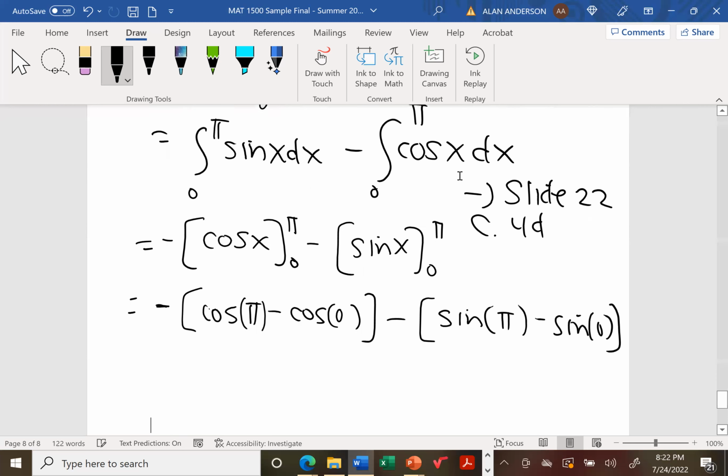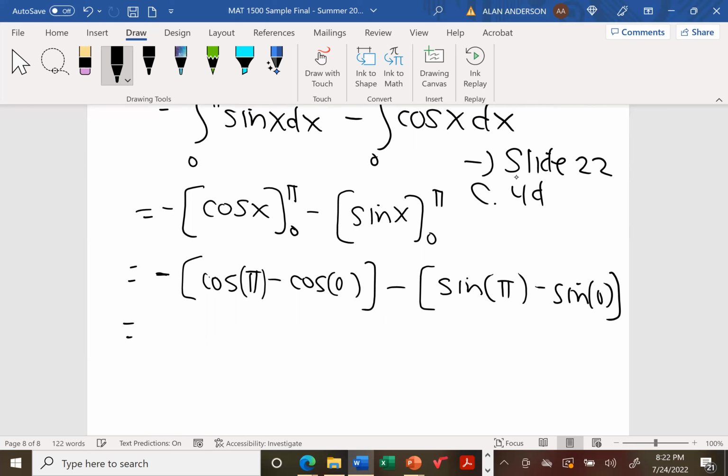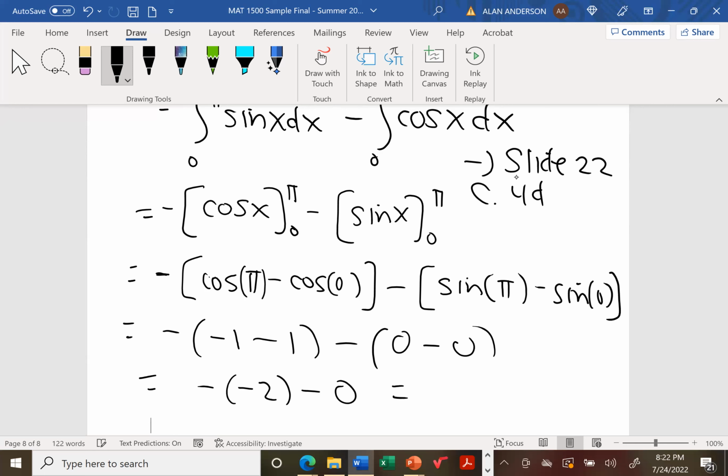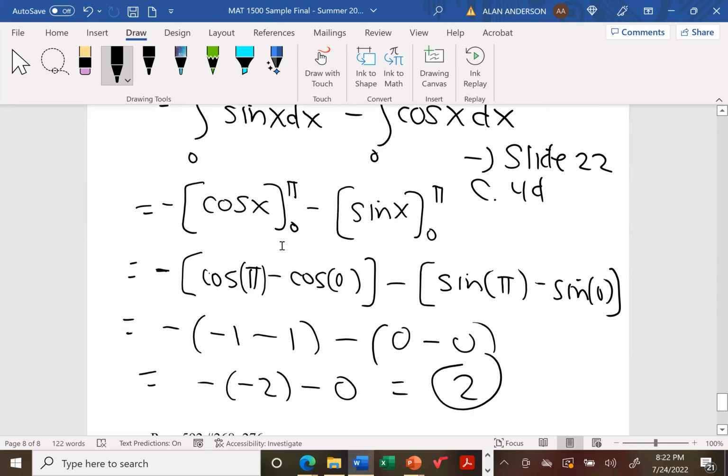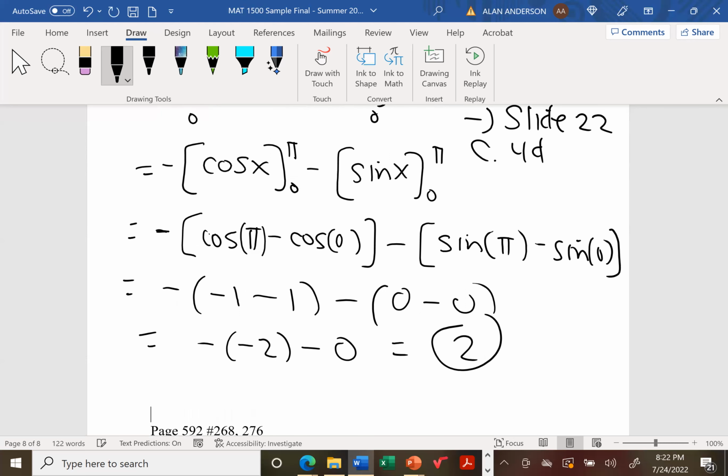All right, so if you look these up, unless you have them memorized, cosine pi is -1, cosine 0 is 1, sine pi is 0, as is sine 0. So the bottom line is that it's 2. Okay, well, that wasn't so bad.